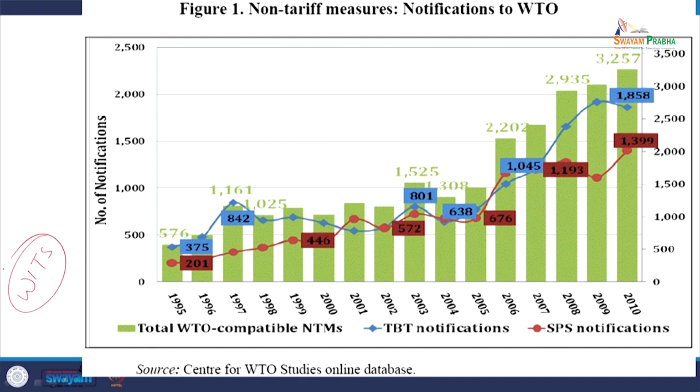So, from there they calculate the details. Now, SPS notifications, you can see this has been rising, highlighted in red color, whereas TBT notifications are also rising in multiple percentage.